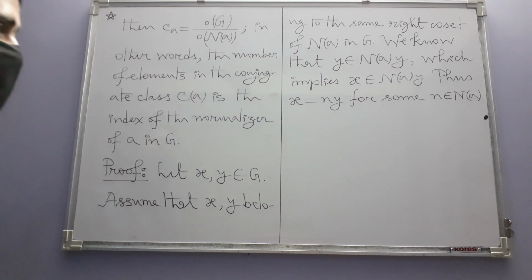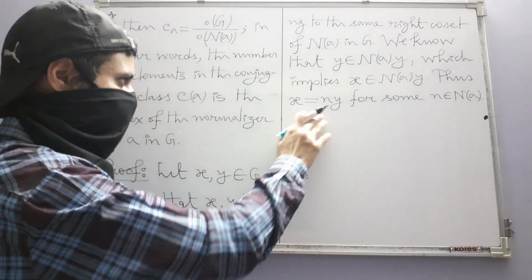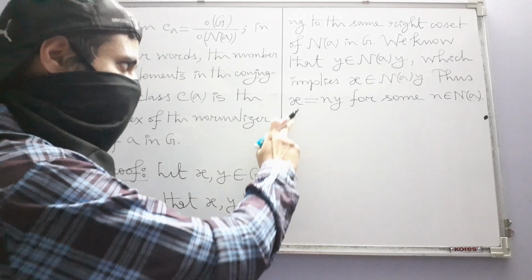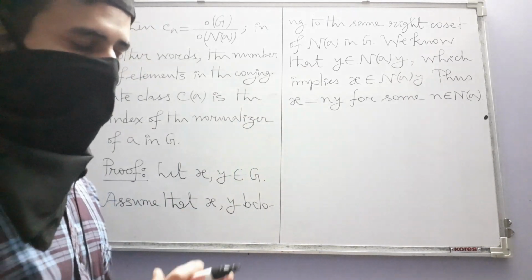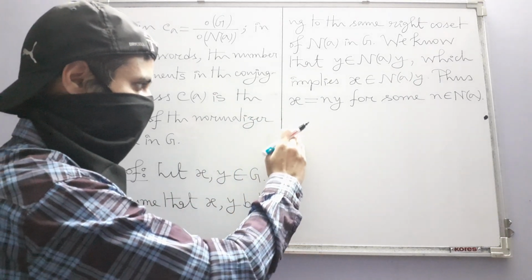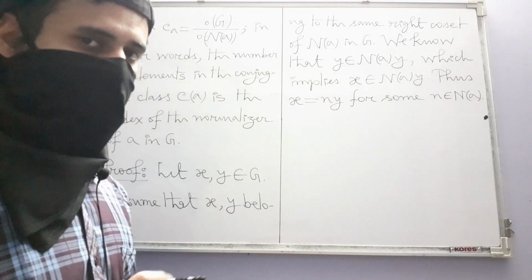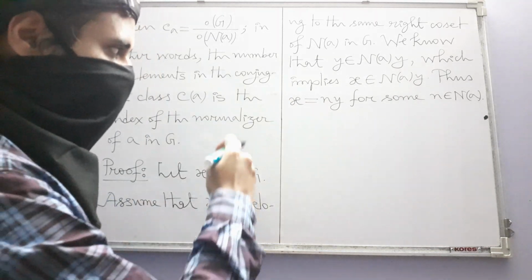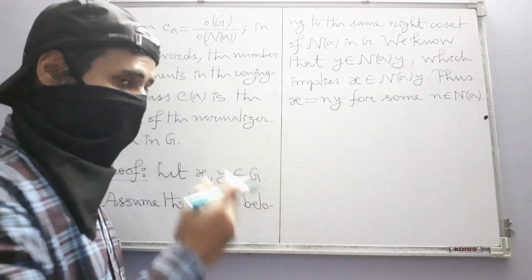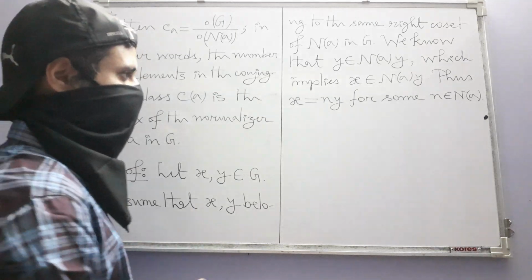Now our aim is to calculate the conjugate of A given by x. In other words, we are now going to consider the element x inverse A x. That's what we mean by the conjugate of A given by the element x.